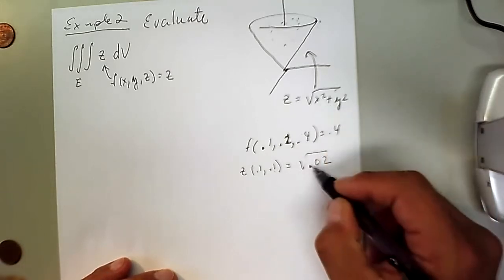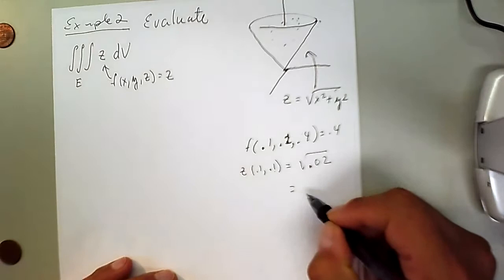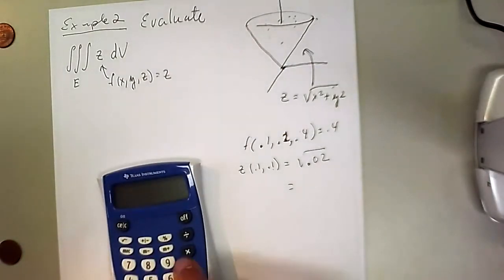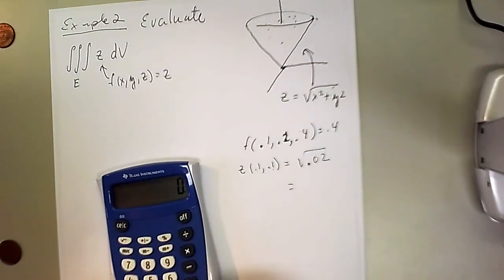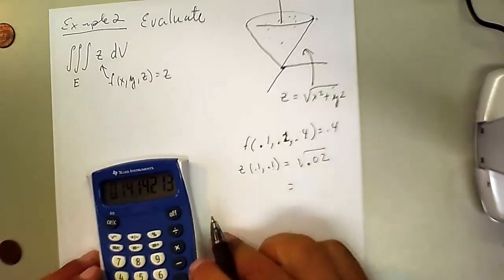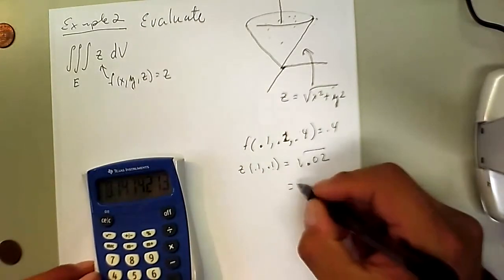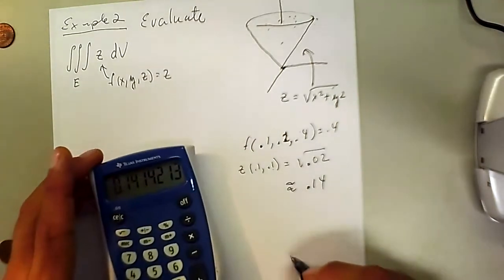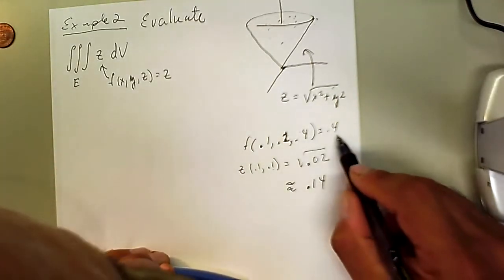When we add them together, we get 0.02. I should have my little calculator handy. There it is. And the square root of 0.02 is not 0.4, it's about 0.14. And so here we get 0.4.